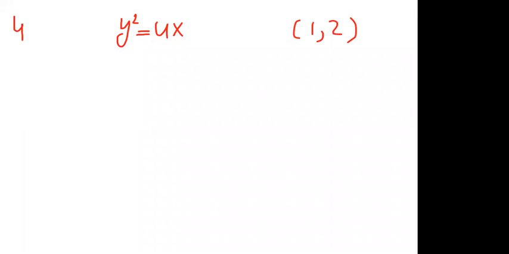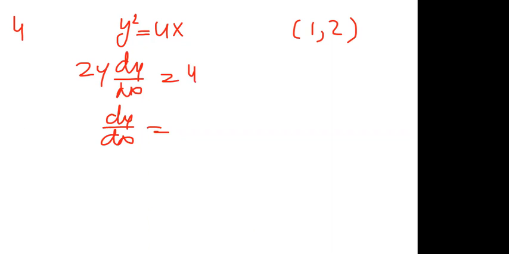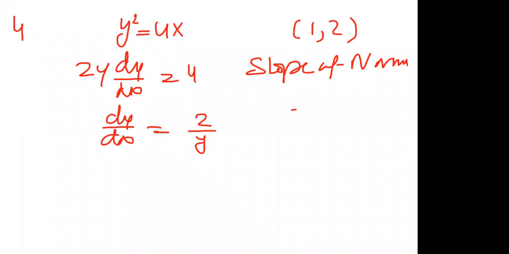First step is to calculate the slope of the tangent. So 2y dy on dx will be equal to 4. So dy on dx, that is slope, will be equal to 2 upon y. Slope of normal will be equal to minus 1 upon dy upon dx, that is y upon 2. Slope of normal is 1 upon slope of tangent with the negative sign.